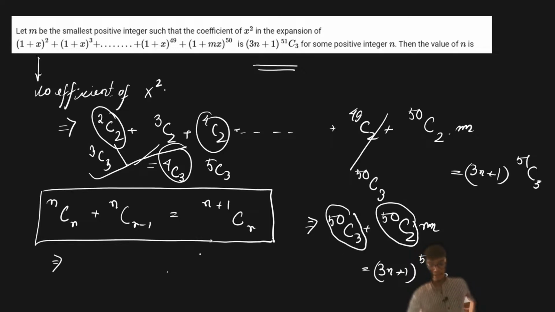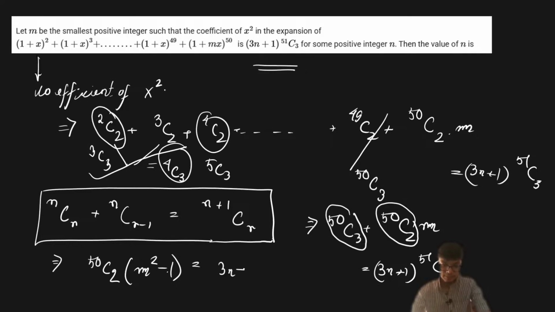Okay, so if I do that, this particular term is going to become 50C2 times m squared minus 1 is equal to 3n times 51 upon 3, 50C2.